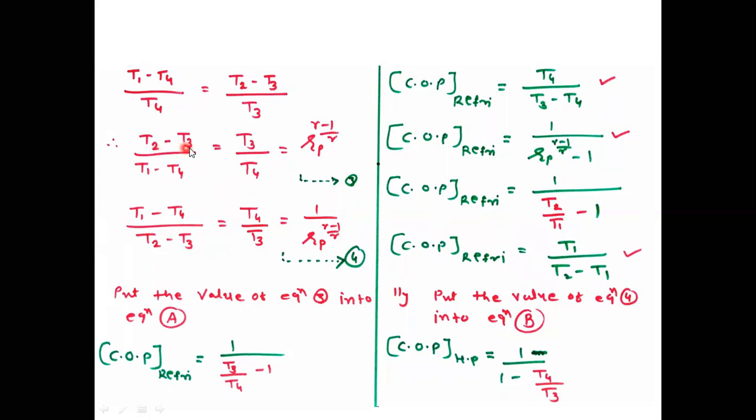So (T2 minus T3) divided by (T1 minus T4), that you can see in equation 1. Put the value of equation 3 into equation 1. In equation 1, you can see this portion (T2 minus T3) divided by (T1 minus T4).